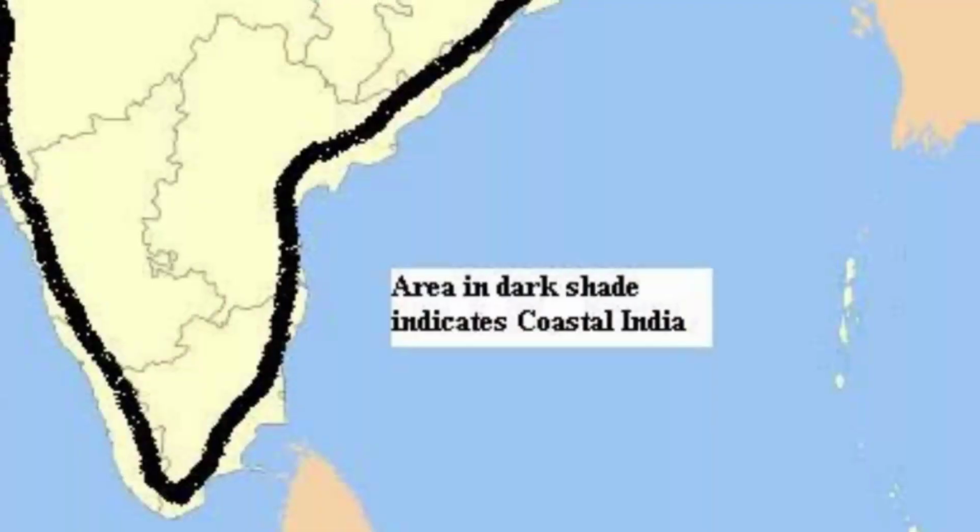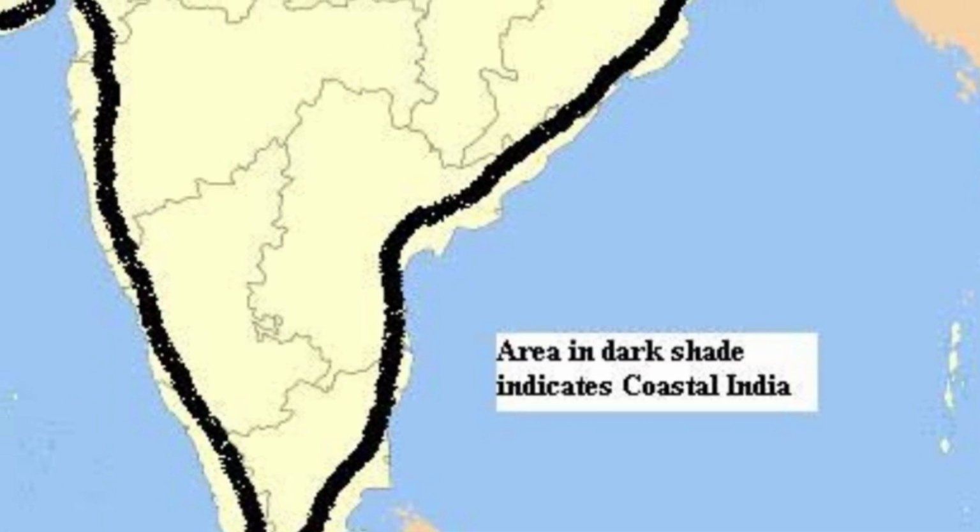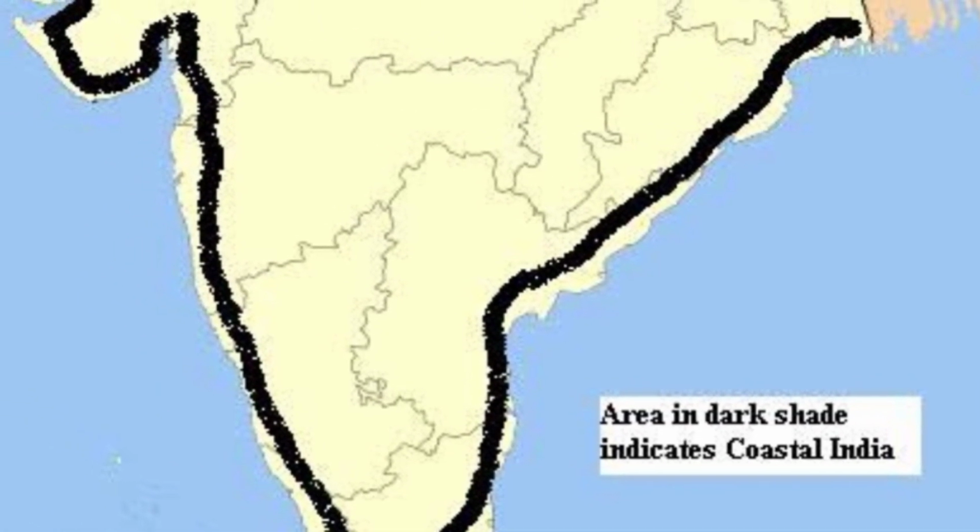India is the 7th largest country, and it has a land boundary of about 15,200 kilometers, with a total length of coastline of 7,516.6 kilometers. India's east-west extent appears to be a little smaller than the north-south extent.